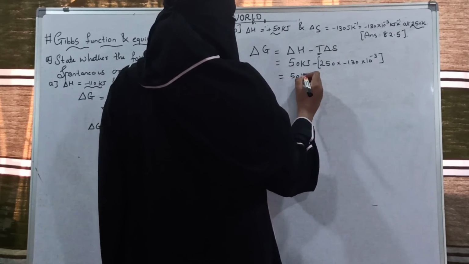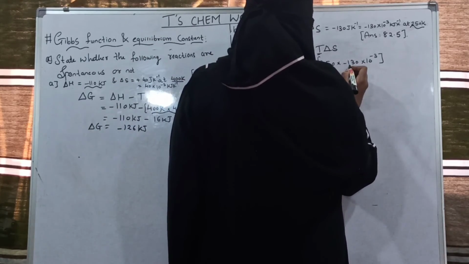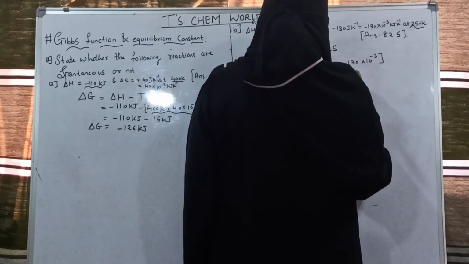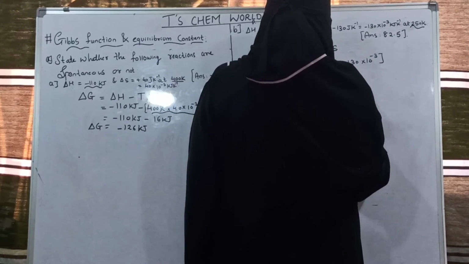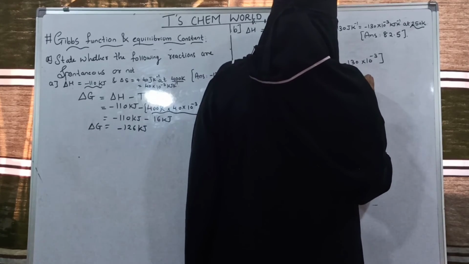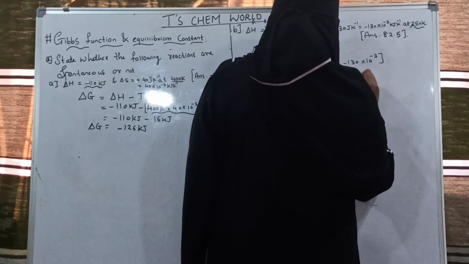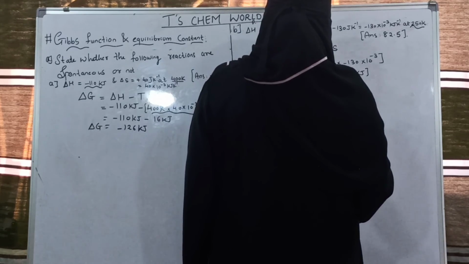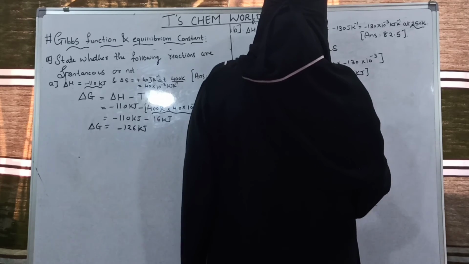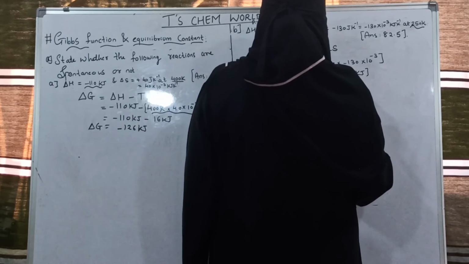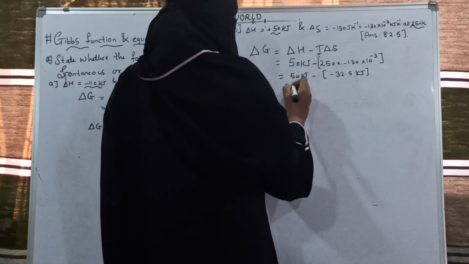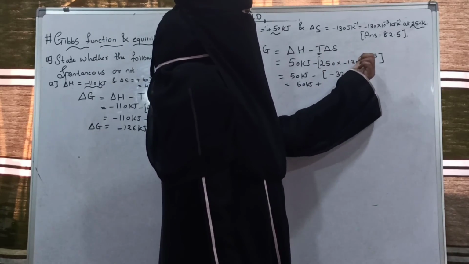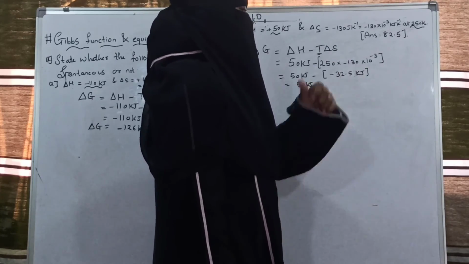Multiplying 250 into minus 130 into 10 raised to power minus 3, we get minus 32.5 kilojoule.